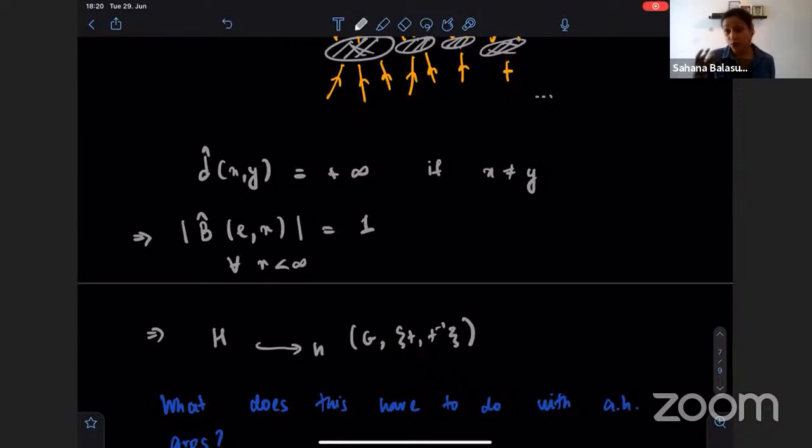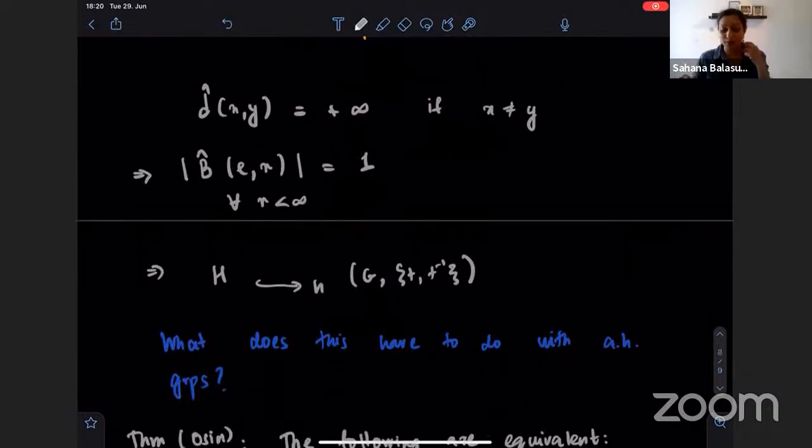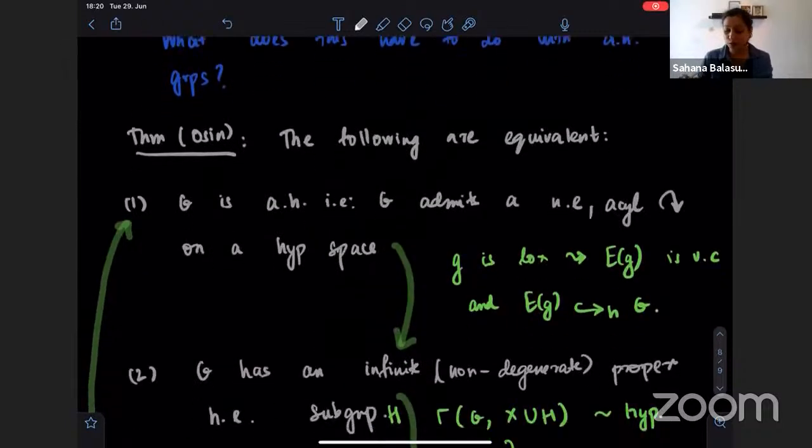But you could choose your H in a way that violates having a solvable conjugacy or a solvable word problem. So this example really allows you to build lots of examples for acylindrically hyperbolic groups that could have extremely strange, extremely diverse properties.